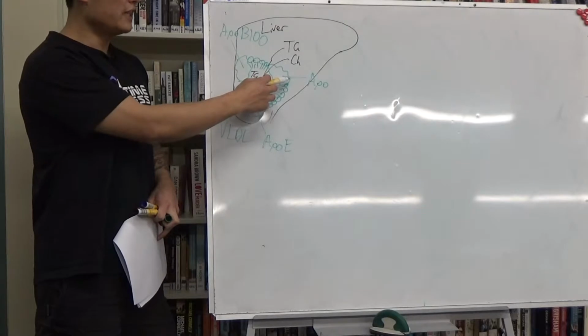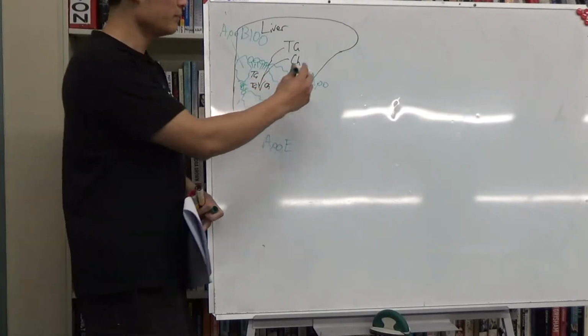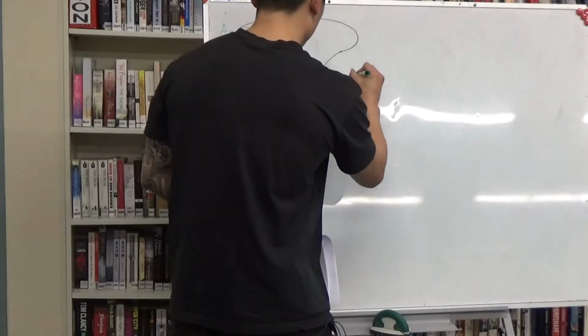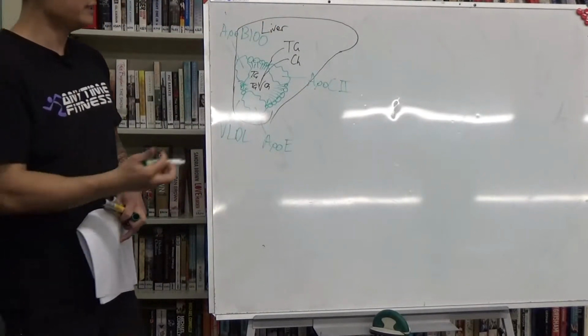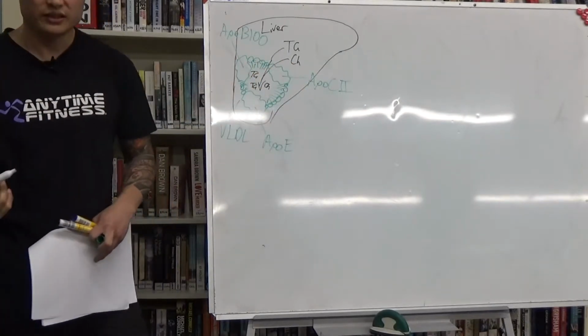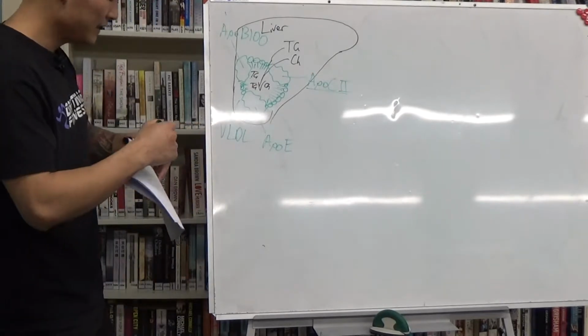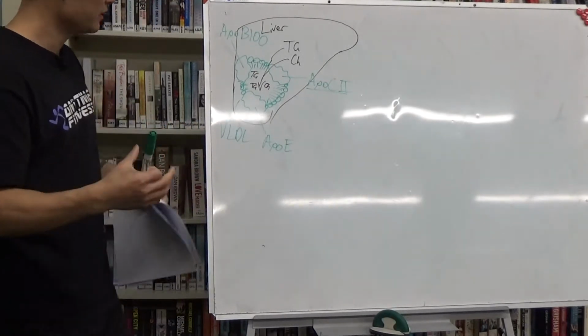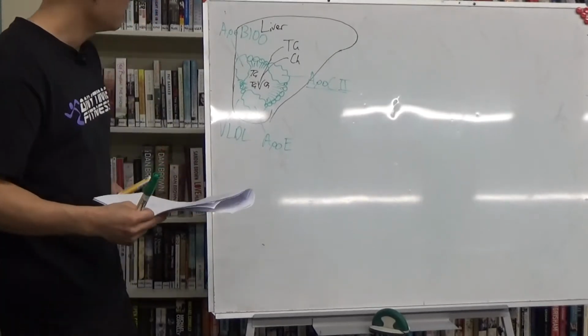What's the cofactor that binds to lipoprotein lipase? Yeah, so ApoC2. If you're going to remember one apoprotein, make sure that it's ApoC2. That's the one that's going to bind to lipoprotein lipase, and that's present on both VLDLs and chylomicrons.